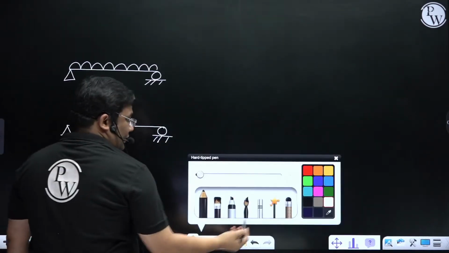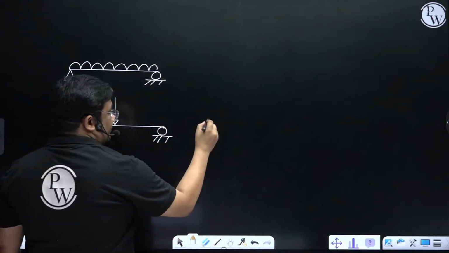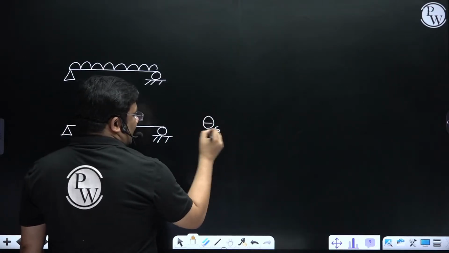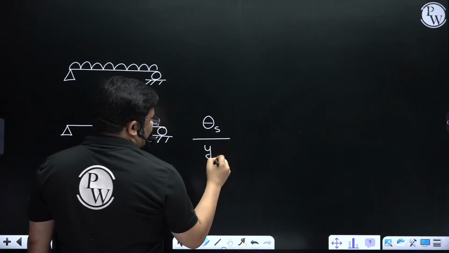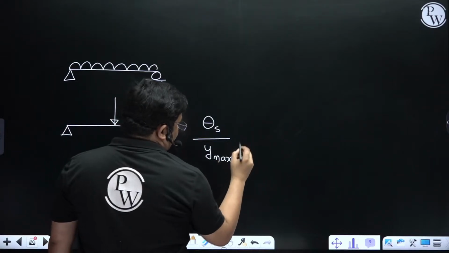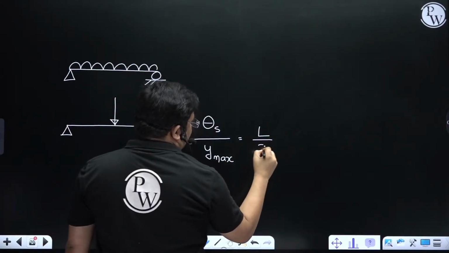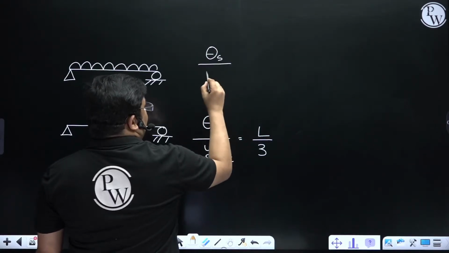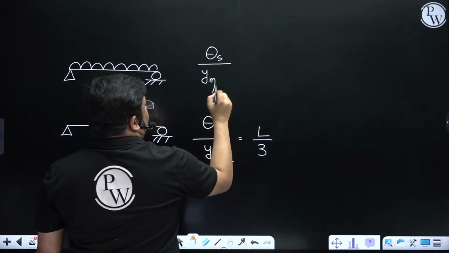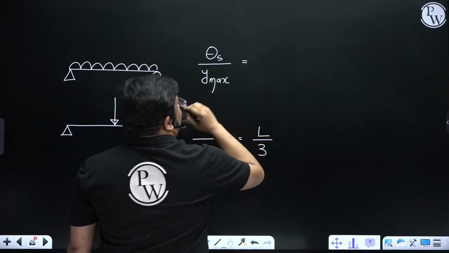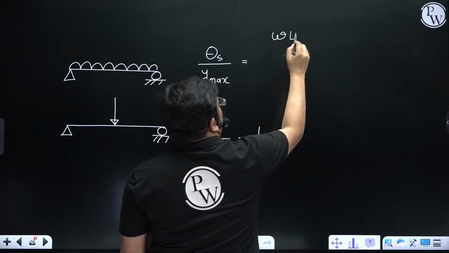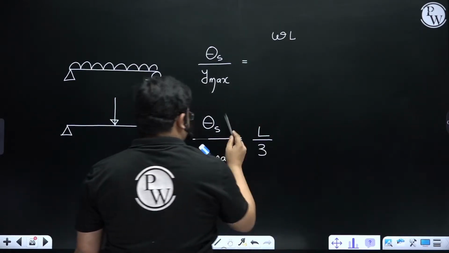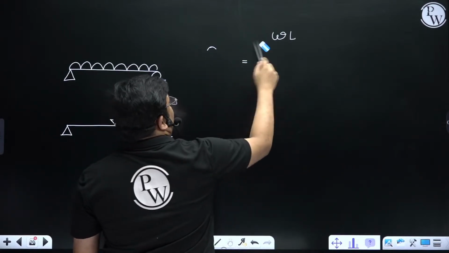Here, this slope at supports by the maximum deflection, we got as L by 3, right? Now for the UDL, how much will I get? This by your maximum deflection, sorry, reverse.